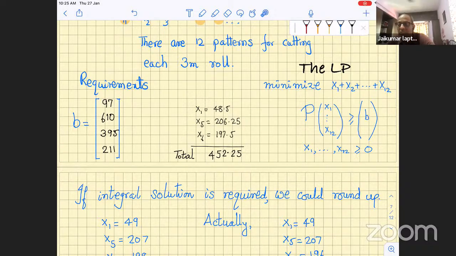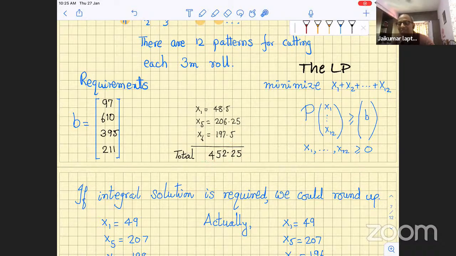But we know that if somebody else spends a lot of time and finds the correct integral solution, they would still need this much. Even with relaxation, with fractional solutions being allowed, you need this many. So any integral solution would need at least 453.